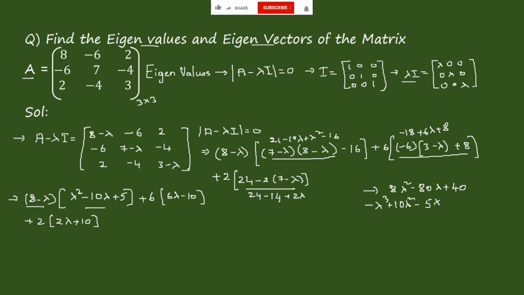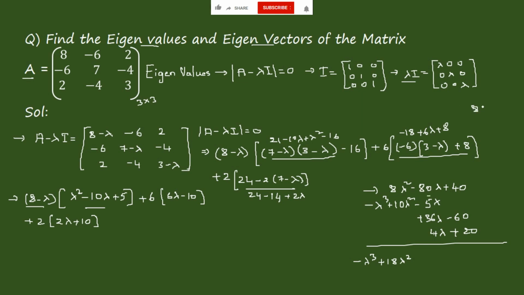Multiplying these two, it becomes 36 lambda minus 60. Again multiplying these two, it becomes 4 lambda plus 20. After combining these values, it becomes minus lambda cube plus 18 lambda square, and the constant becomes 40, this is 85.